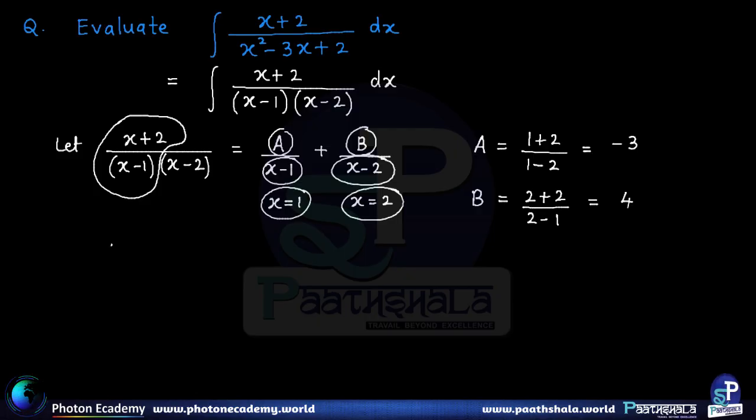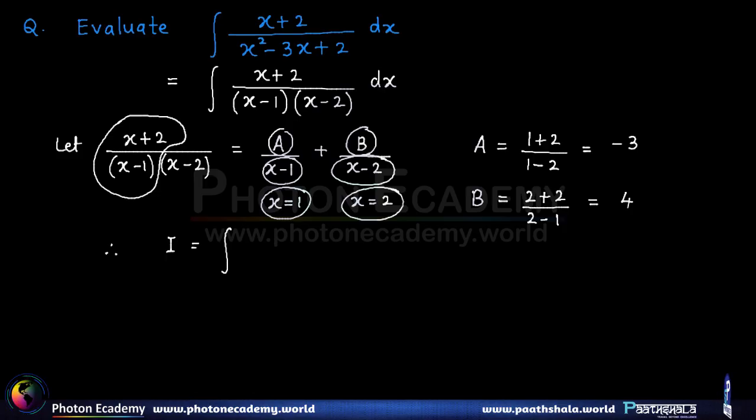So therefore our given integral can now be written as minus 3 upon x minus 1 plus 4 upon x minus 2.